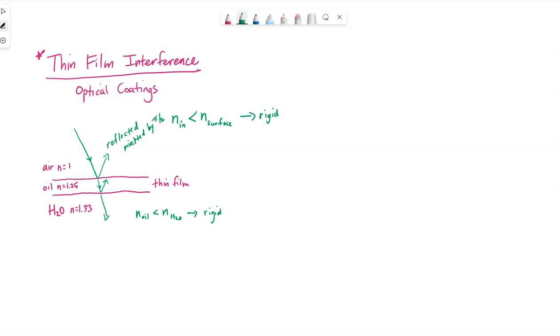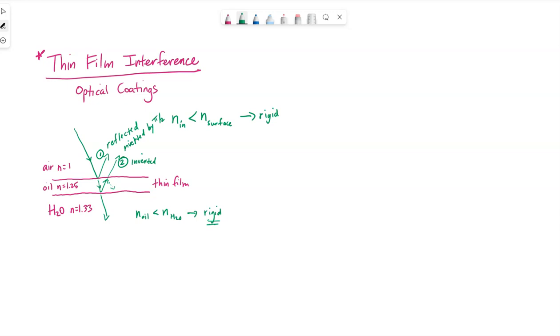Now, as it comes back, it does reach this boundary of oil and air. There will be some reflection and some continuing light. So we have two reflected light rays. The first one was off the air-oil boundary. This second reflected light ray is the one that reflected off the oil-water boundary and is now coming back out into air. This one is also inverted because we have this rigid boundary.